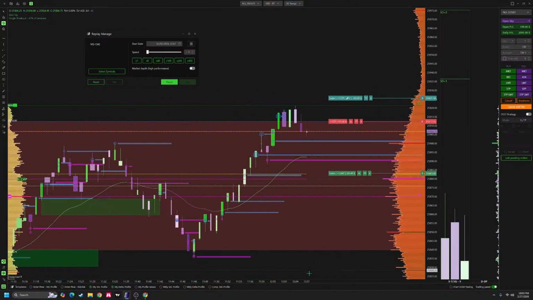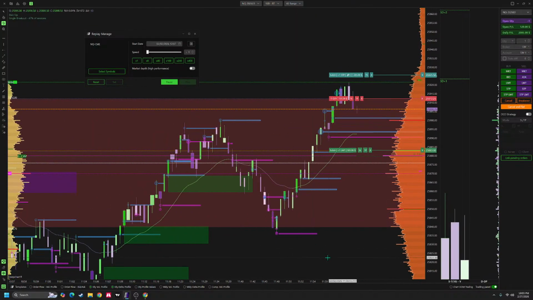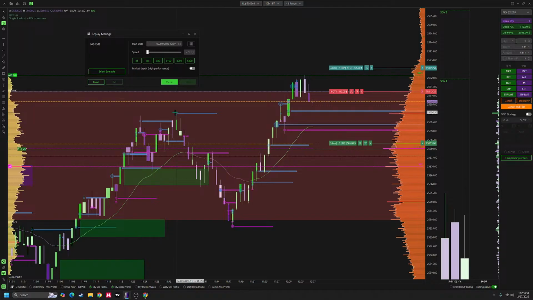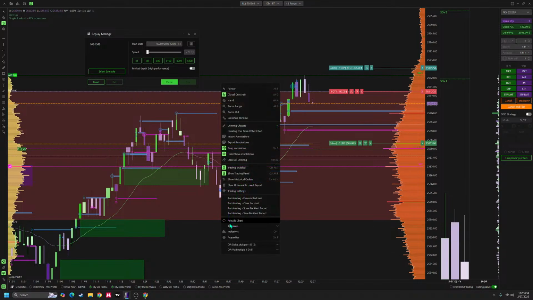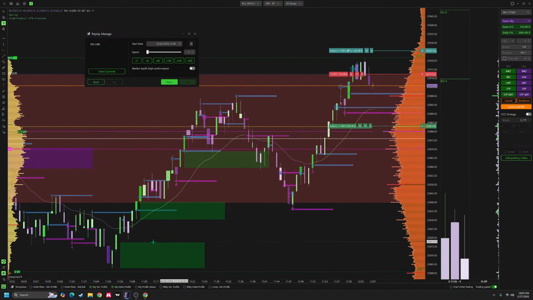So I didn't really talk about it much, but if we look at these swings, right? This swing right here was about 63 points. This bigger swing right here was about 96 points. This swing was about 84 points.